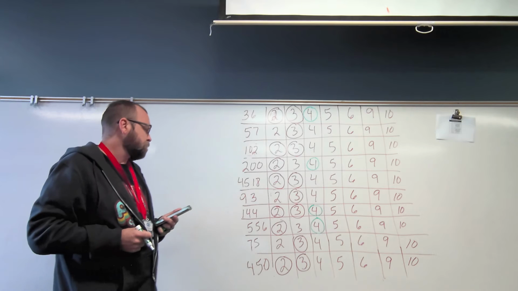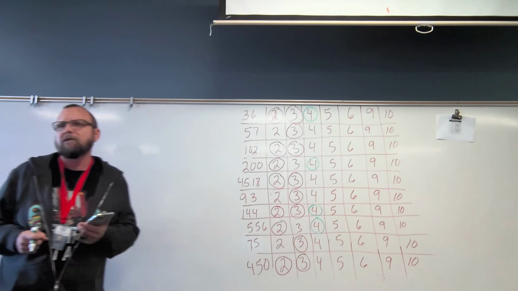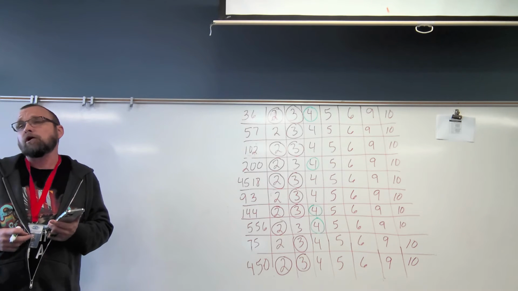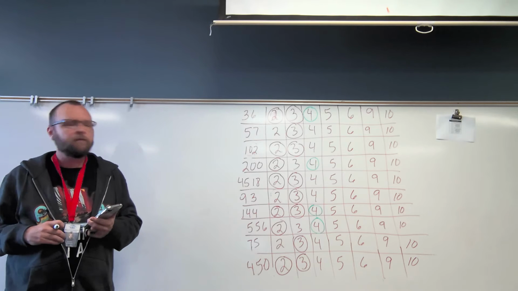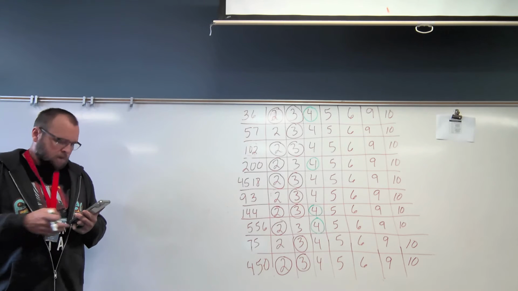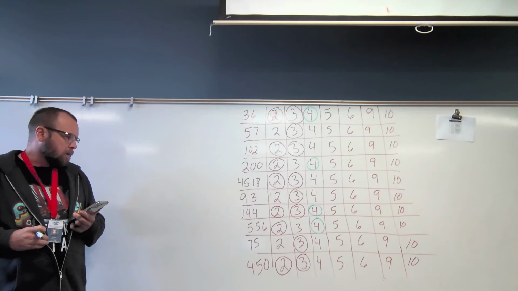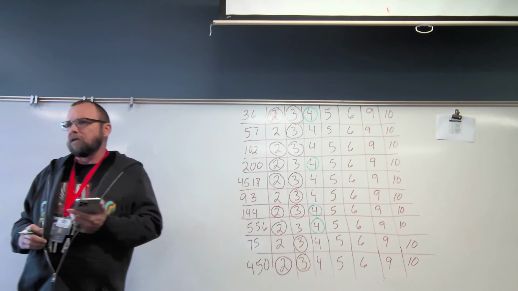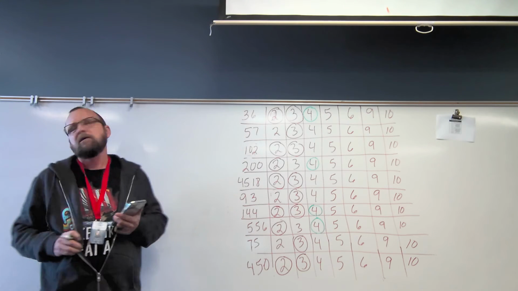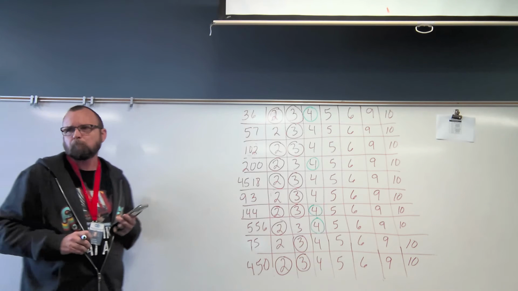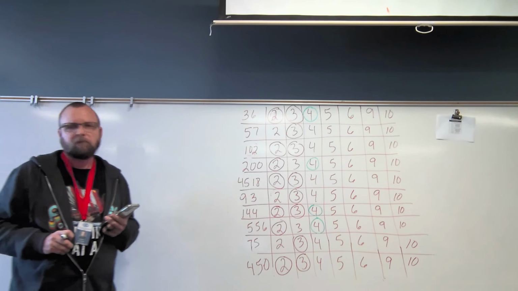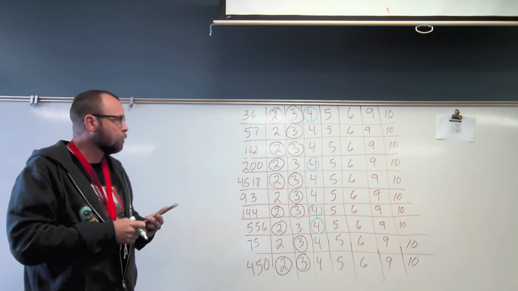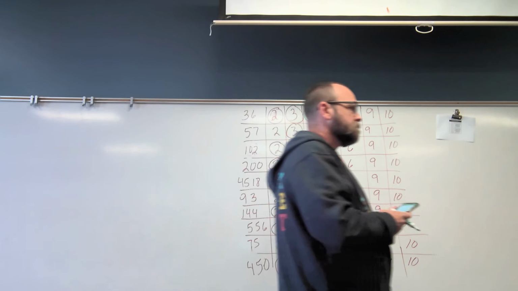Abby, what are the last two digits in the number 75? 75. Does 4 go into 75? No. And Bella, what are the last two digits in 450? Does 4 go into 50? No. So it is not divisible by 4.